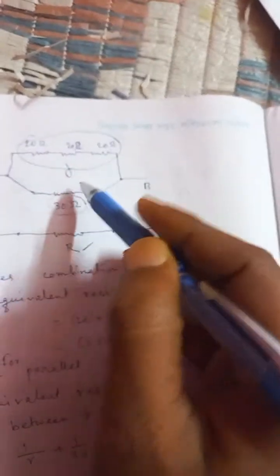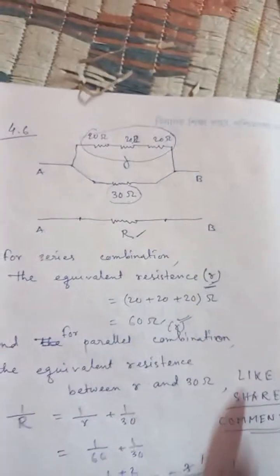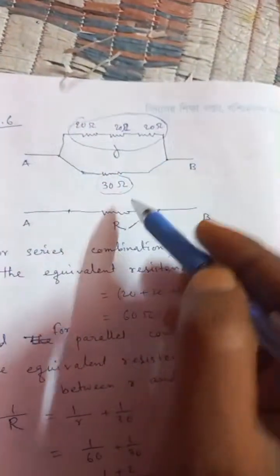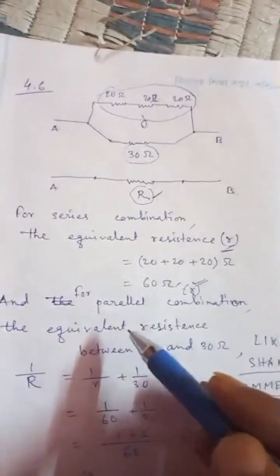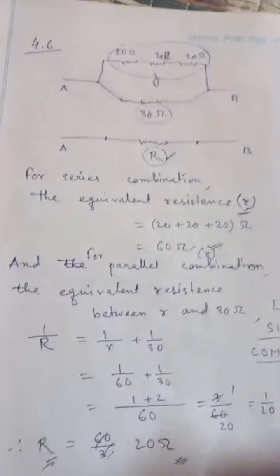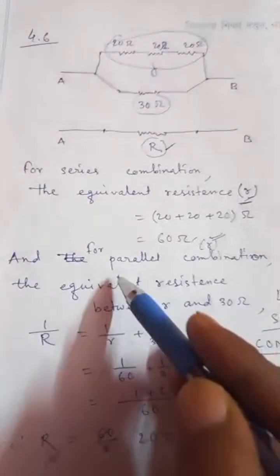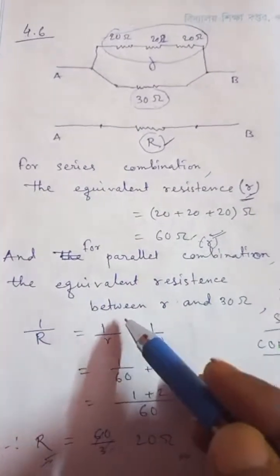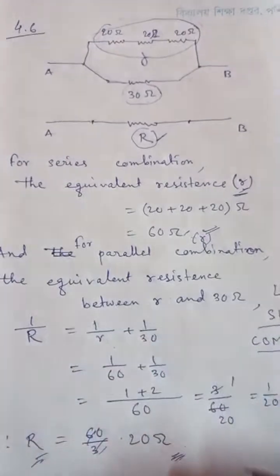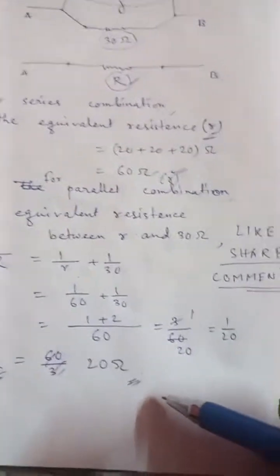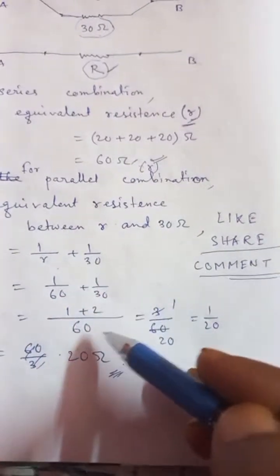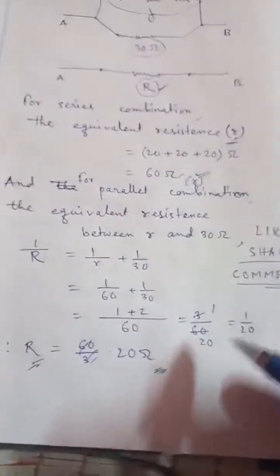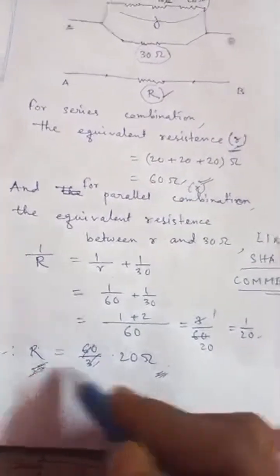Then the parallel combination is replaced by just a resistance, capital R. By the rule of parallel combination, 1 by R is equal to 1 by small r plus 1 by 30. This will be 1 by 60 plus 1 by 30. This is 1 by 20. So the equivalent resistance will be 20 ohm.